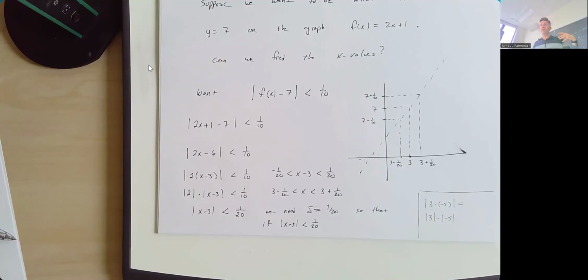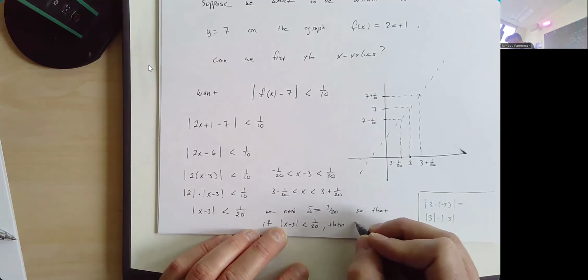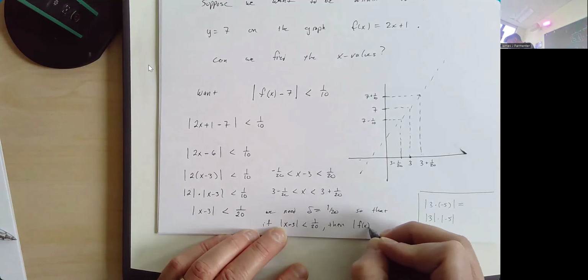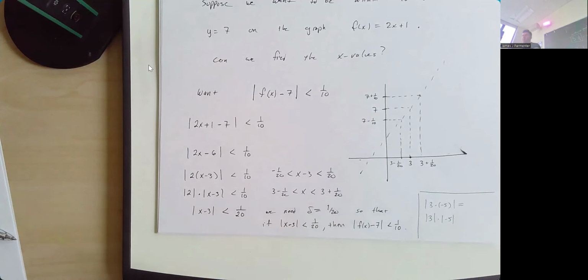Within 1/20th. If x is within 1/20th of 3, then we can guarantee that f of x is within 1/10 of 7. Or in other words, if x is close enough to 3, then we can make sure that f of x is as close to 7 as we desire.